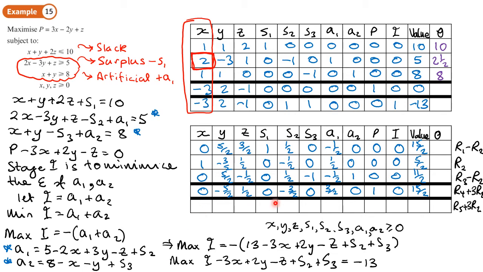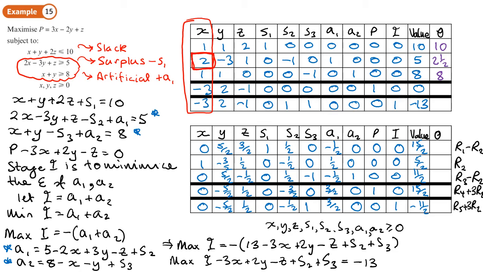And then the bottom row here, I suppose we could put a 1 here straight away, because we know that's going to be the objective function for I, and we'll have 0, minus 5 over 2, a half, 0, negative a half, 1, 3 over 2, 0, 0 here for p, and negative 11 over 2.